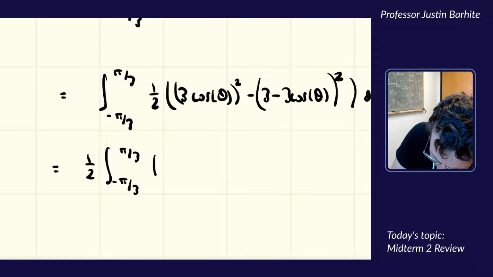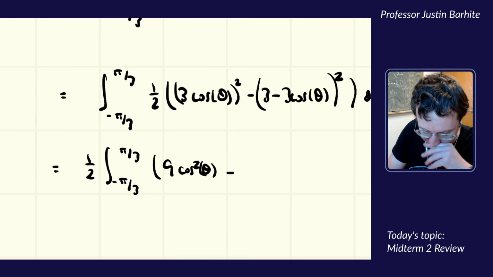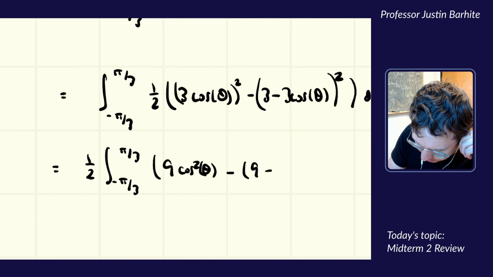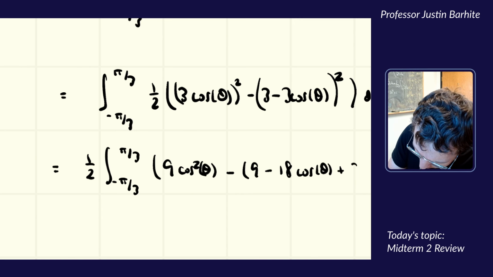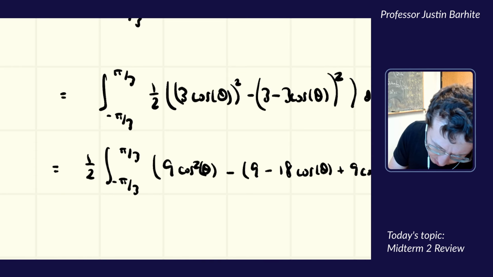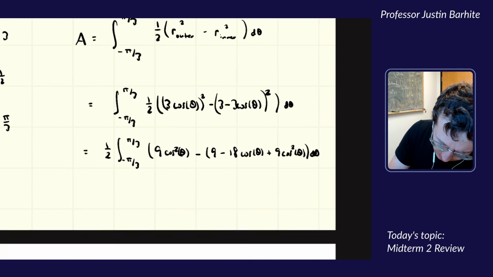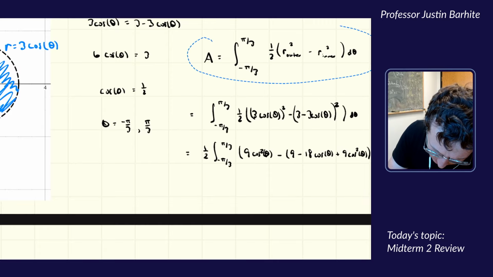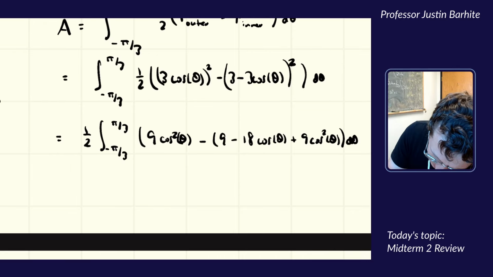When I square these things, I get 9 cosine squared theta minus 9 minus 18 cosine theta plus 9 cosine squared theta. Fortunately, we don't end up having to integrate a cosine squared theta. Those are going to cancel out.